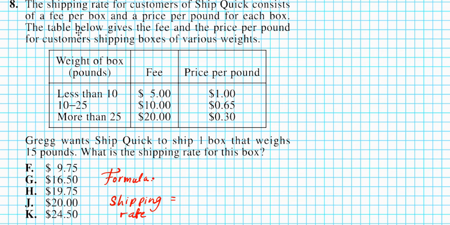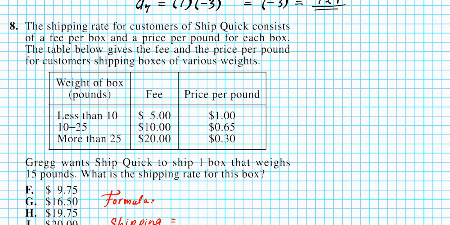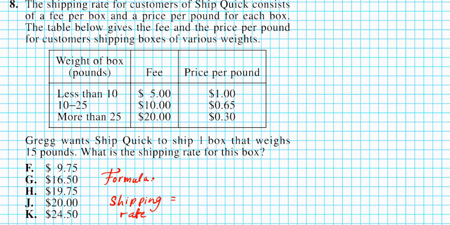Well, there are two parts. First of all, let's look at this problem carefully. It consists of a fee per box, and so plus is for and, right?